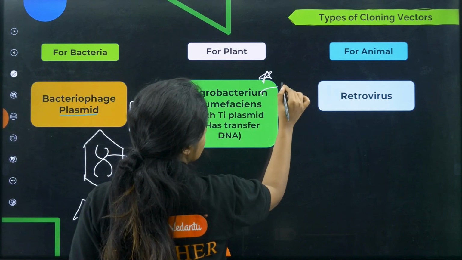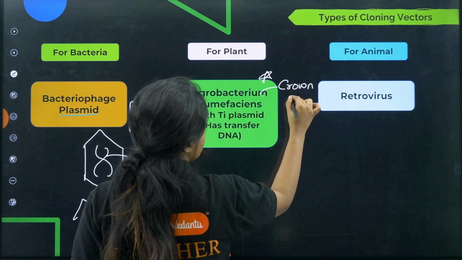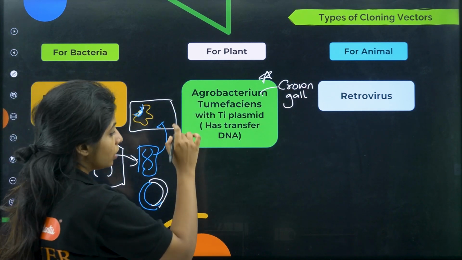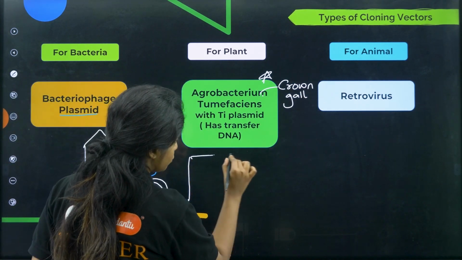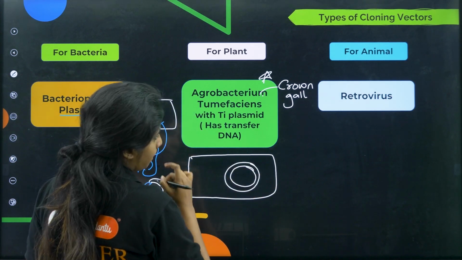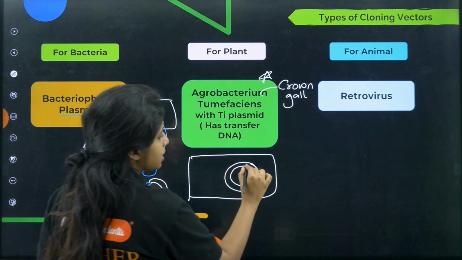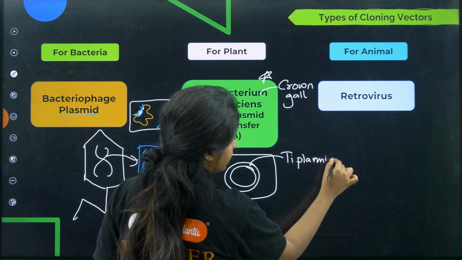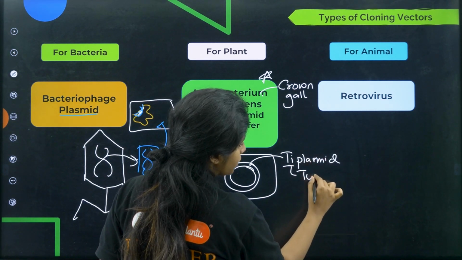So what does this usually cause, children? It causes crown gall disease. Okay. What is very unique about Agrobacterium tumefaciens is that it has a plasmid known as the Ti plasmid. Ti stands for tumor inducing plasmid.